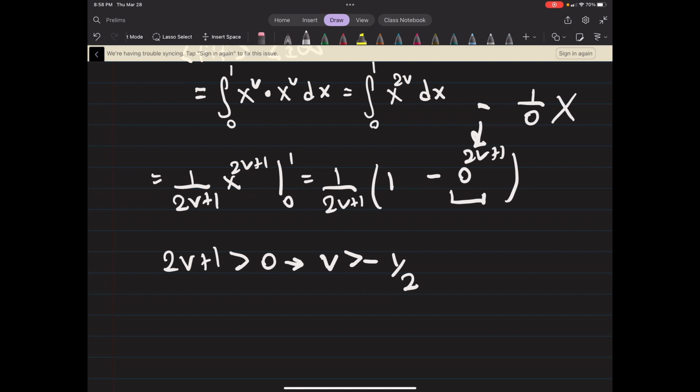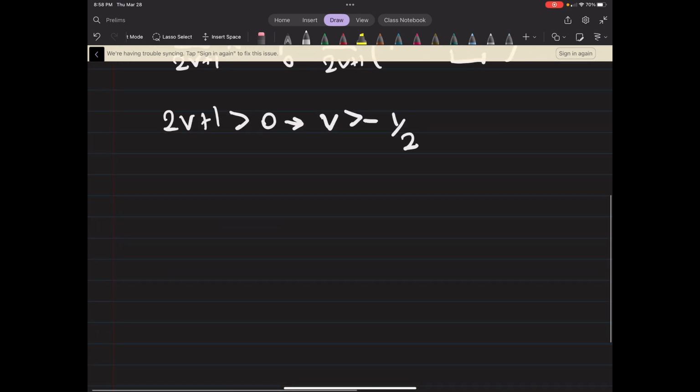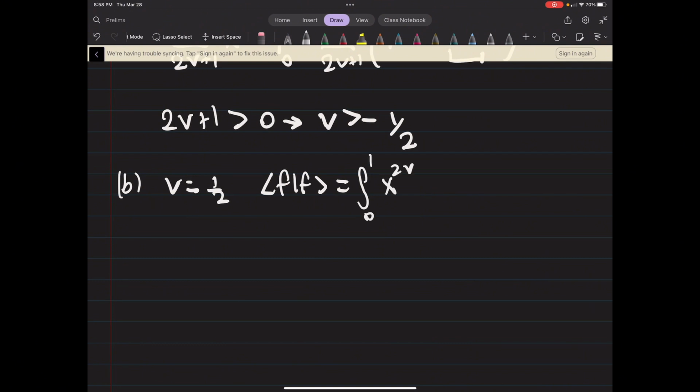Okay? And if we look for the specific case, so I guess starts part B, v equals minus 1/2, then the inner product, which we said was the integral from 0 to 1 of x to the 2v, but now v is minus 1/2, that's from our inequality.